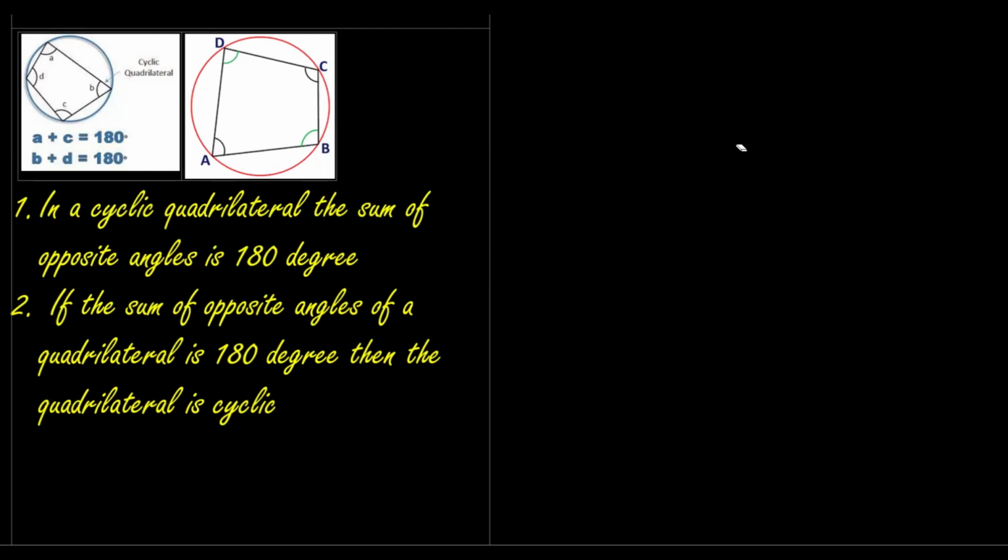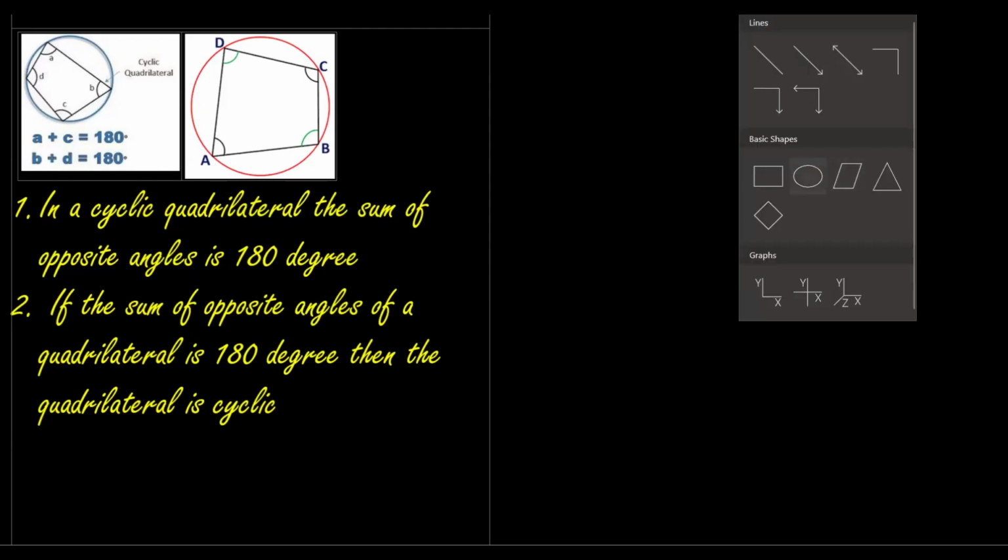So on the circle means, let me first draw a circle.